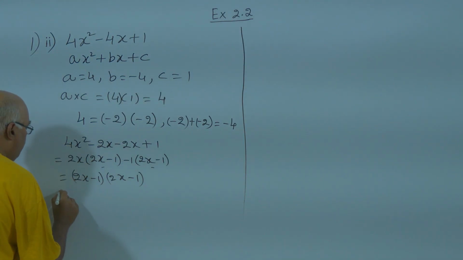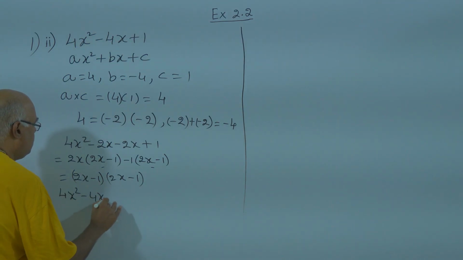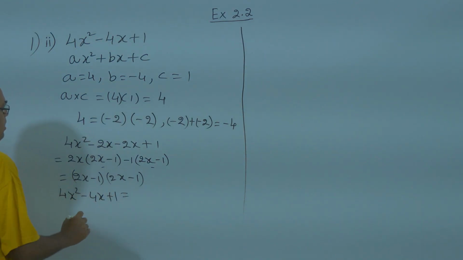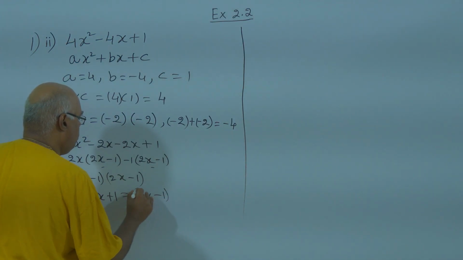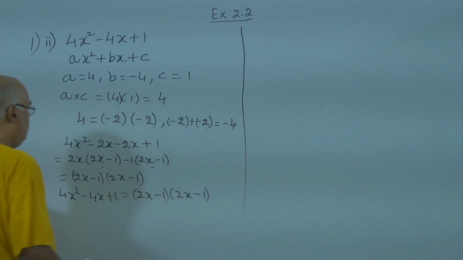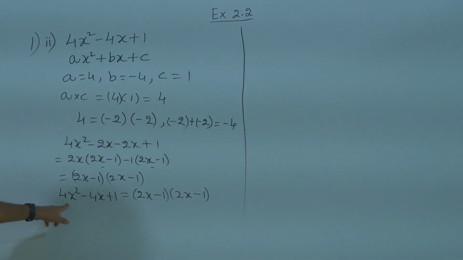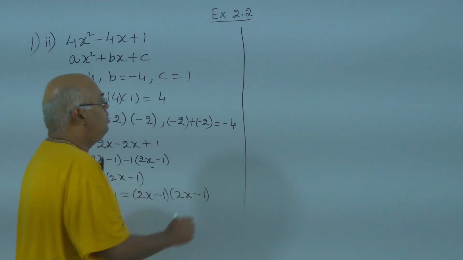So the given quadratic polynomial 4x square minus 4x plus 1 can be written as 2x minus 1 into 2x minus 1. Now, if this quadratic polynomial has to be equal to 0, then 2x minus 1 into 2x minus 1 will also be equal to 0.